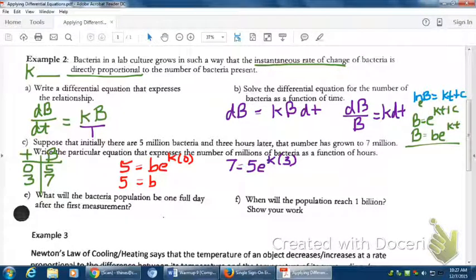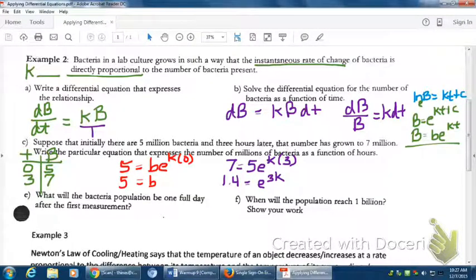Now we're trying to find k. First thing you want to do is divide 7 by 5. So you get 1.4 equals e to the 3k, or k times 3.